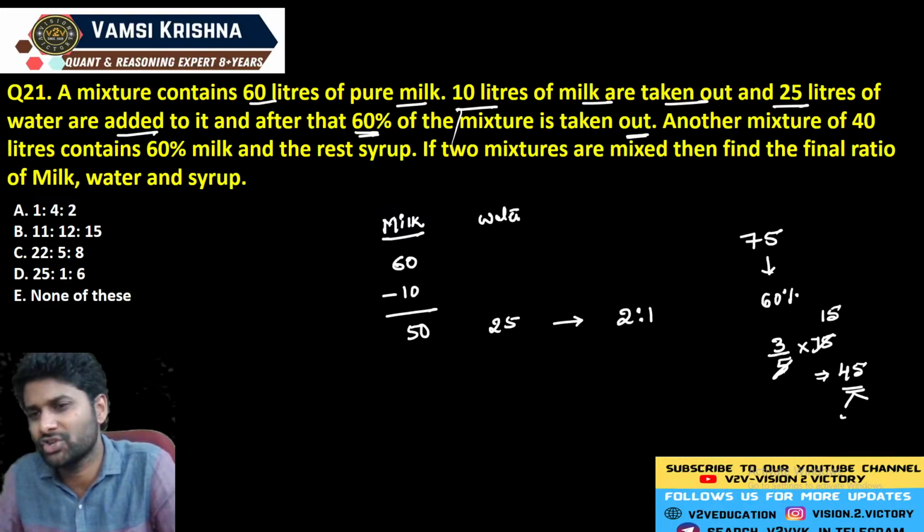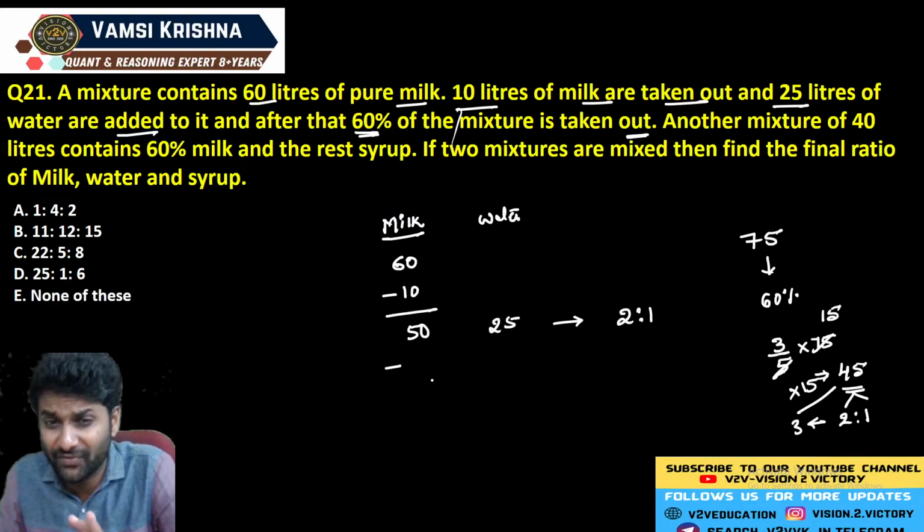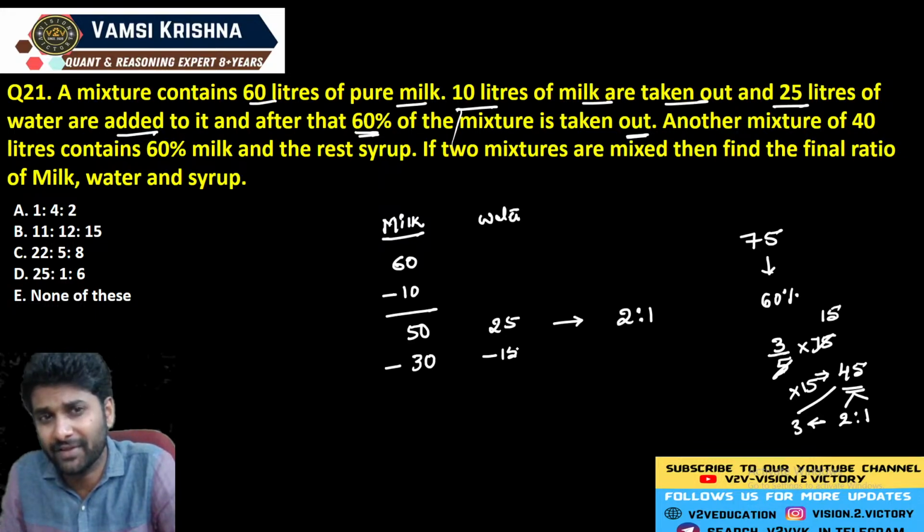The ratio is 2 is to 1, meaning if we remove 3 liters, 2 liters is milk and 1 liter is water. So 3 becomes 45, meaning we are removing 30 liters of milk and 15 liters of water. Now after removing, we have 20 liters of milk and 10 liters of water.